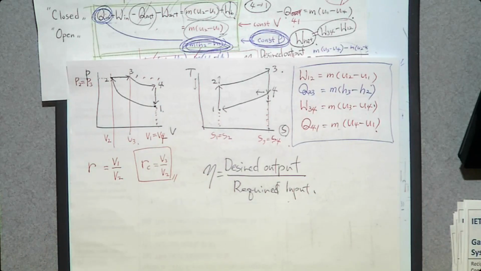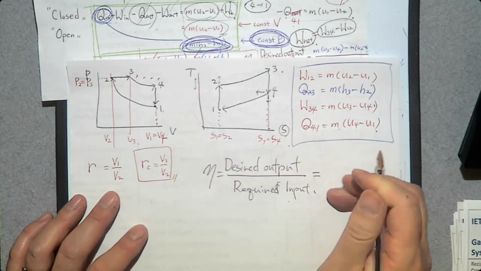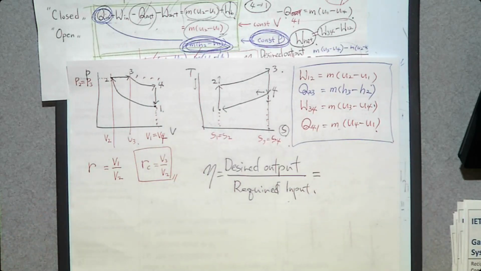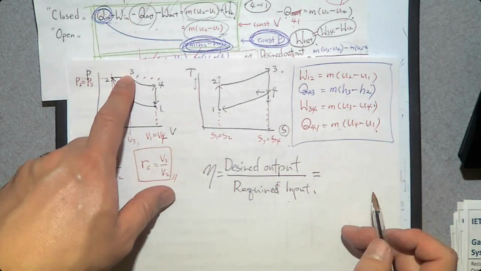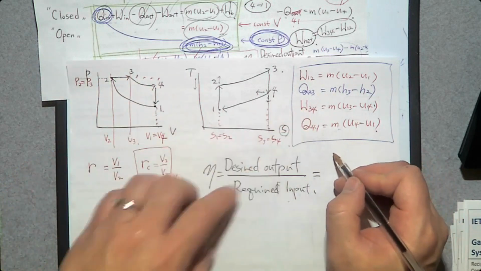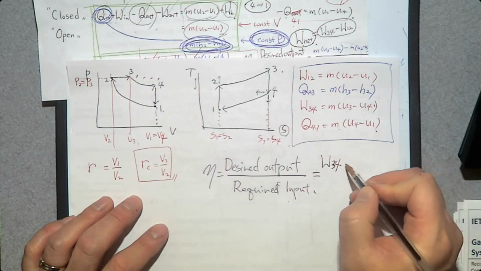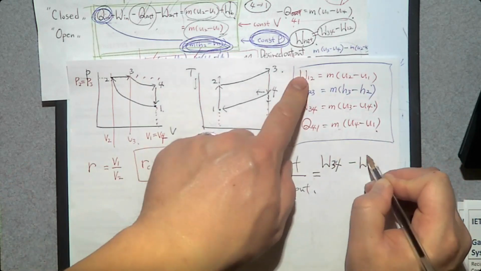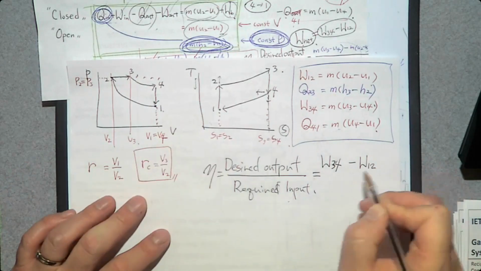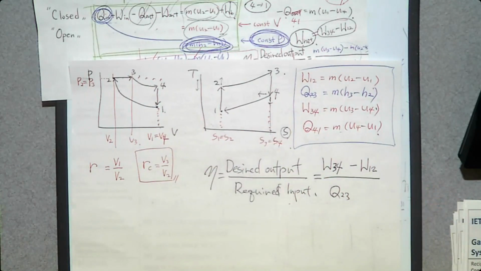It is the power that we develop. So we produce during the expansion process W34. W34 is the work we produce, W12 is the work that we consume, and Q23 is what we provide.